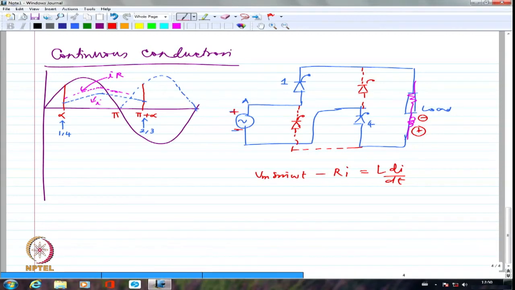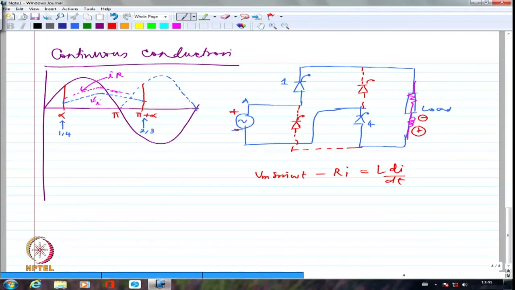The inductance stored energy still is going to dominate over the IR drop and this supply voltage, both of them, to sustain the conduction despite the negative half cycle being there. So, I will have the current continuing, but it is still declining. The inductance is still having some amount of stored energy, definitely.